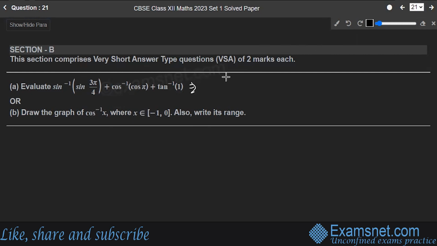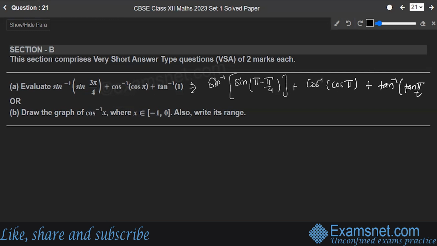I'll start with this. So sine inverse, I can write sine 3 pi by 4 as sine of pi minus pi by 4, plus cos inverse cos pi, plus tan inverse 1, which can be written as tan of pi by 4. You know, tan of pi by 4 is equal to 1, right?